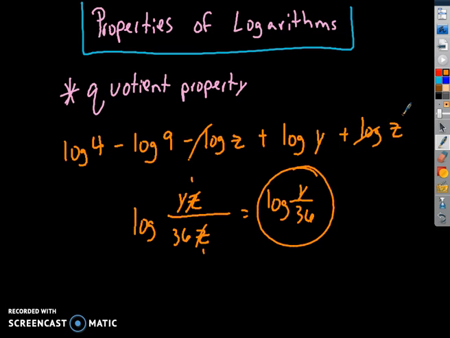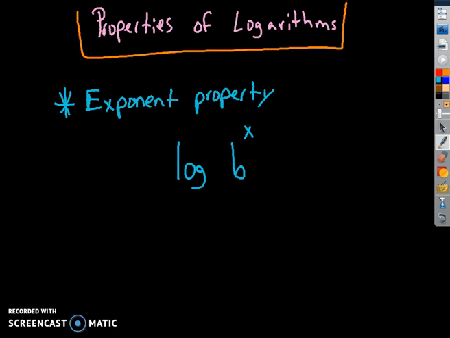All right, let's talk about the next property. The exponent property with logs. Essentially, the exponent property says if you have an exponent, it has the right to come down on the logarithm. So x log of b is equal to log of b raised to the x power. They're the same thing. You can go backwards.